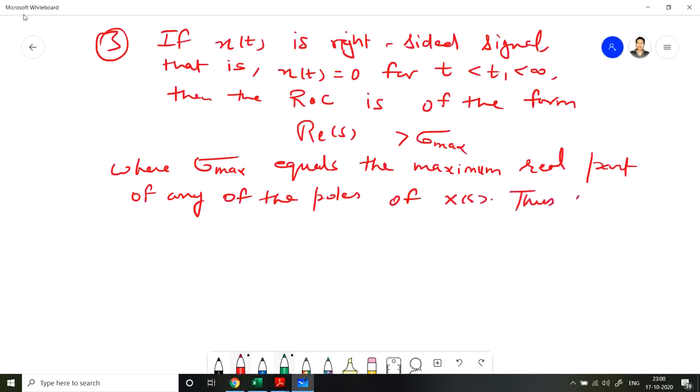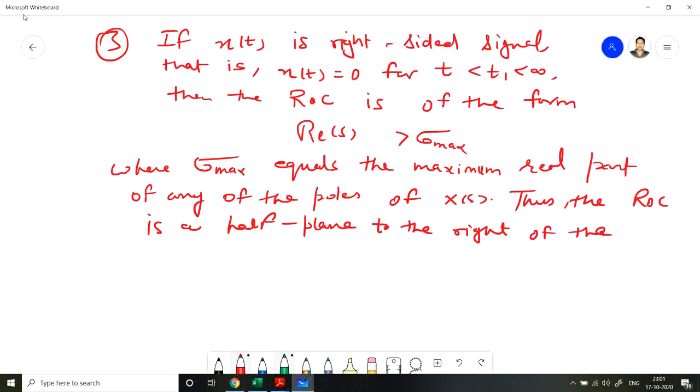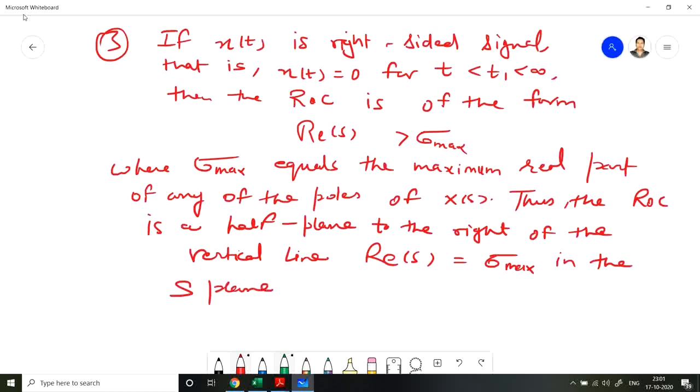Thus the ROC is a half plane to the right of the vertical line, real part of s equals sigma maximum, in the s plane, and thus to the right of all the poles of X(s).